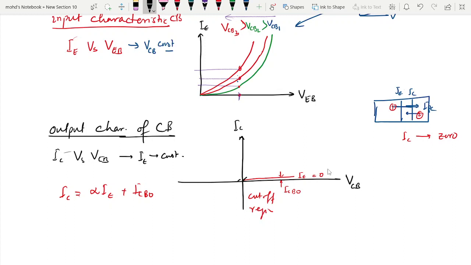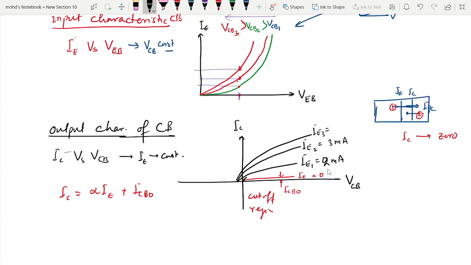The output value for a given value of IE will be this, let's say 2 milliampere. If you further increase the value of IE, you get a value like this, let's say for example 3 ampere. For a further value of IE, we will get a value like this. Here we have I1, I2, I3, where I3 is greater than I2 and greater than I1.